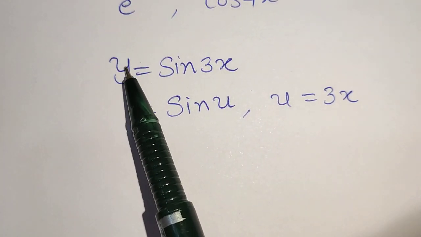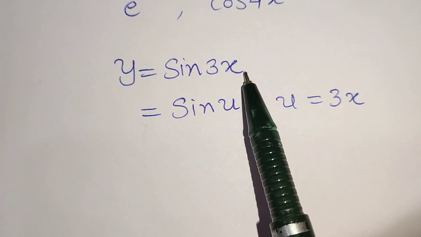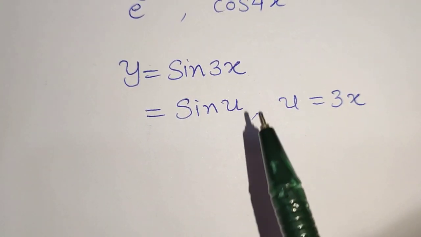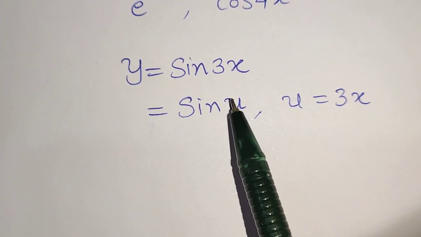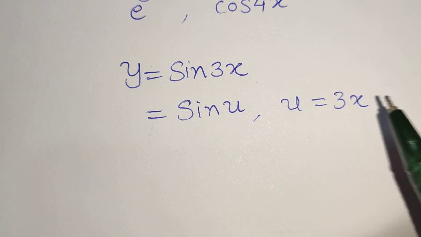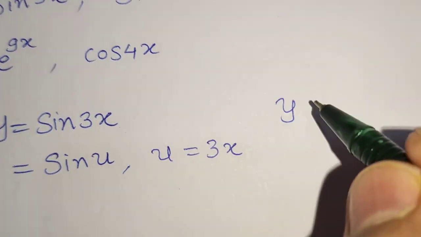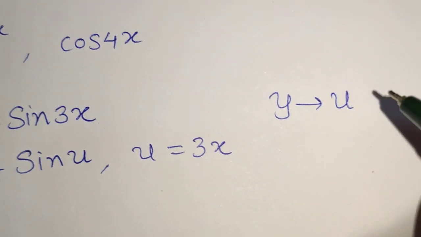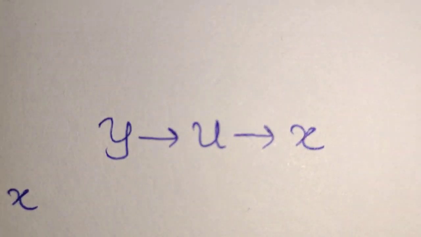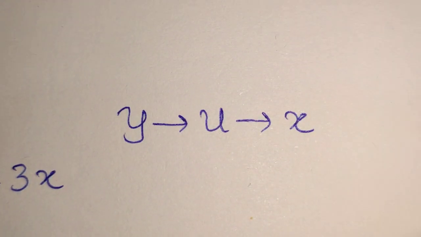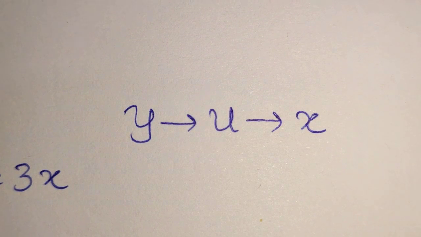Earlier it was y and x, the derivative of y with respect to x. Now we have involved 3x as u, so y is now a function of u. u is a function of x. So here it becomes a chain like this. y involves u, and u involves x. So y, u and x. It becomes just like a chain.